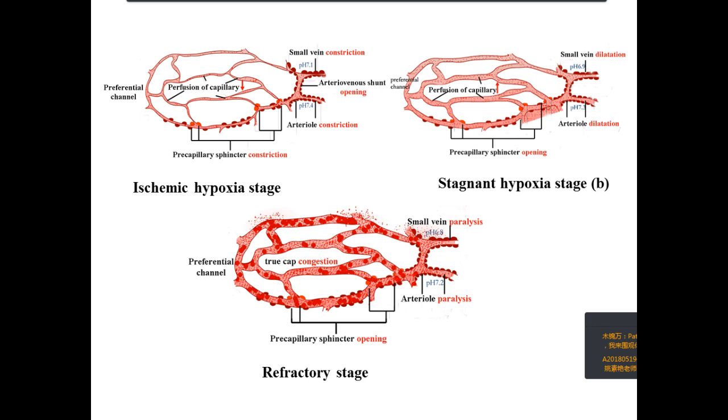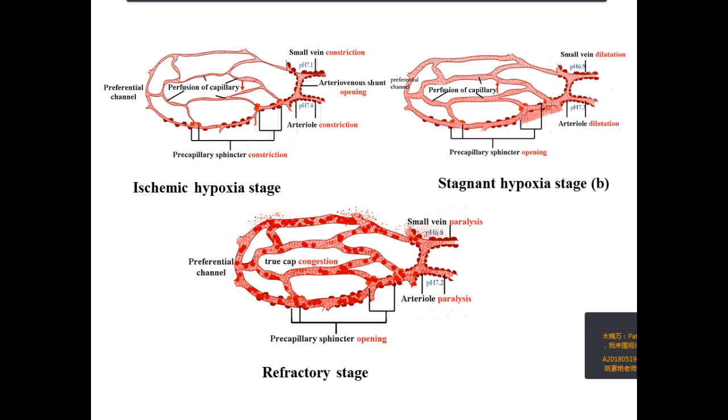In this stage, what manifestation? Blood pressure normal, heart rate increased. Skin color pale. Does urine increase or decrease? Decrease, oliguria. Blood flow of brain is normal, so is there coma or not? No. This is the first, ischemic hypoxia stage.